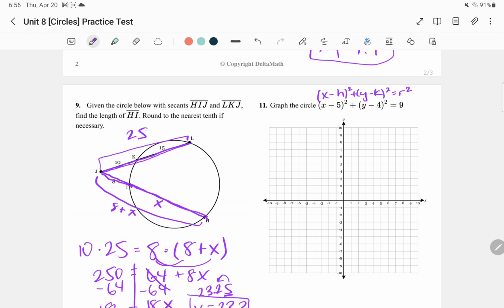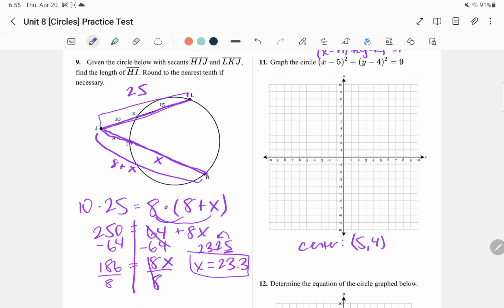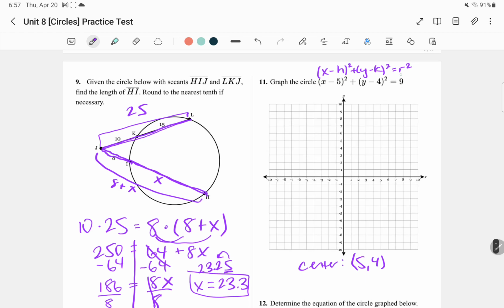So my center, h, k, is going to be 5, 4. Can we see that? h is 5, k is 4. And my radius is going to be 3, because r squared is 9, so I take the square root of 9, which is 3. 3 squared gives me 9.